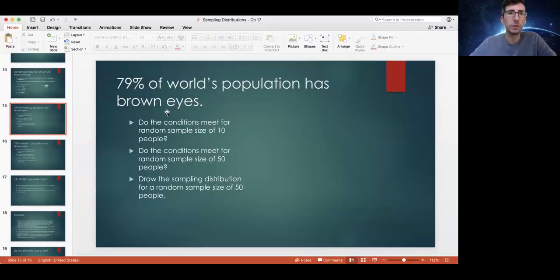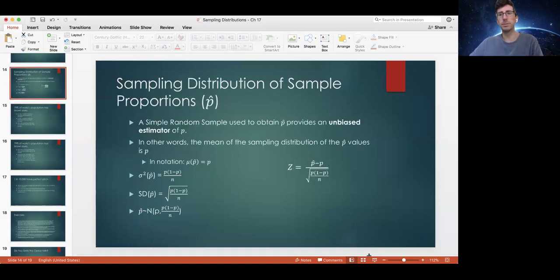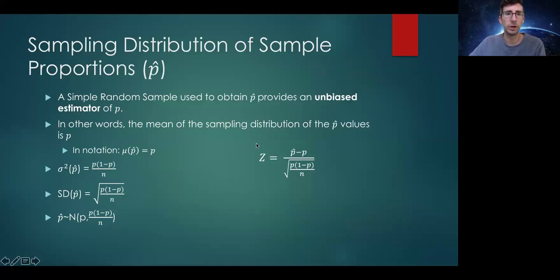In this video, we're going to look at a couple examples for a sampling distribution of a sample proportion. In our last video, we ended on this slide. We saw that the standard deviation of our sample proportions is equal to the square root of our population proportion times 1 minus that population proportion, over our sample size.